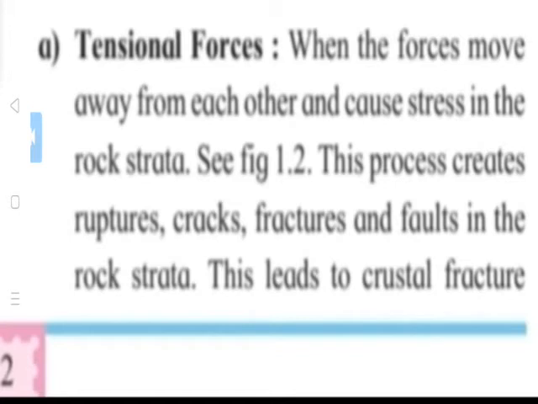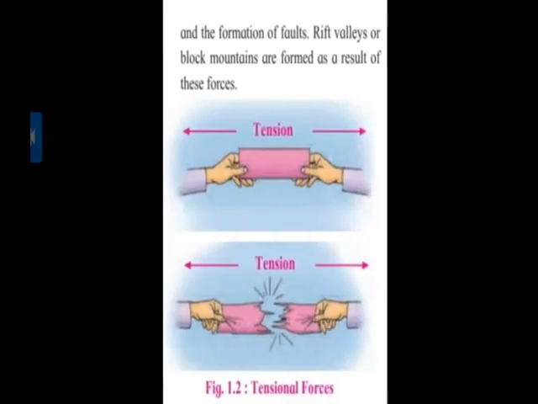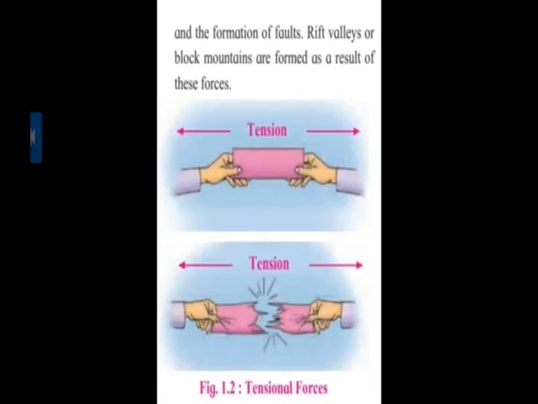Figure 1.2, I will show you all. This process creates ruptures, cracks, fractures and faults in the rock strata. This leads to crustal fracture. Look at this figure 1.2 and the formation of faults. Rift valleys or block mountains are formed as a result of these forces.